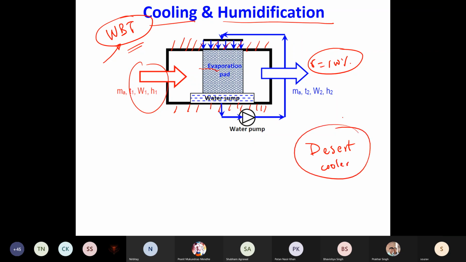Okay, but in a desert cooler, there are certain things which will not adhere to the assumptions that we have made. First of all, this adiabatic chamber. Your desert coolers are not perfectly insulated. So you can have some heat transfer from the ambient to the air which is present inside the box.